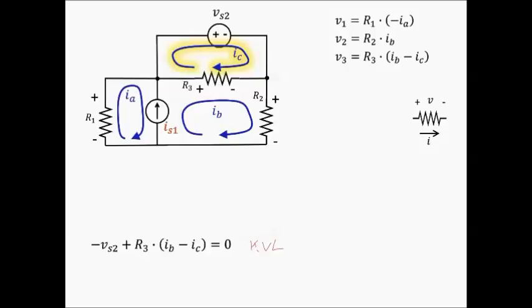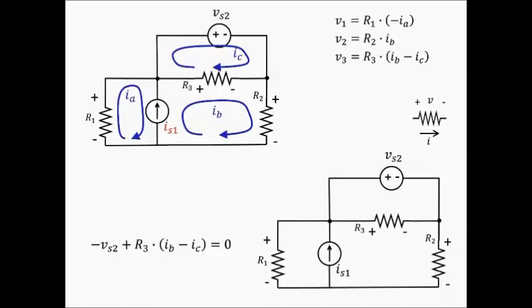But I can define what's called a super mesh. Consider the circuit: I can define a super mesh, which combines the two problematic meshes A and B and avoids the current source. So it's the mesh that I get when I combine mesh A and B, but I avoid the current source. It's also marked here with this faded yellow line.